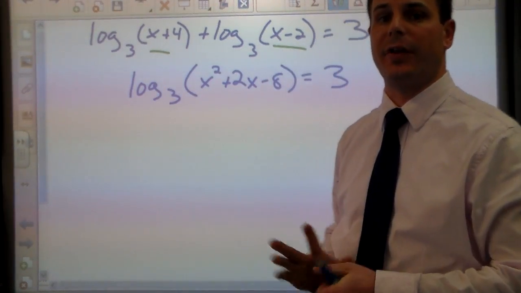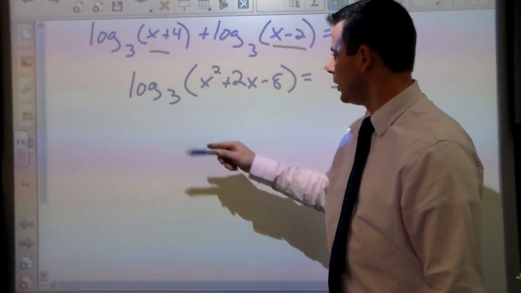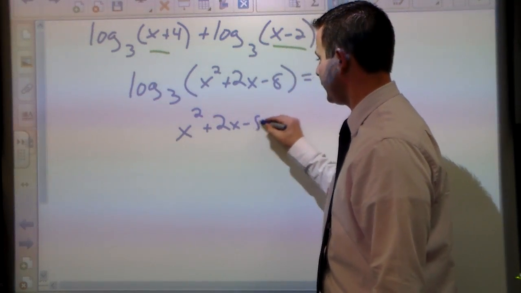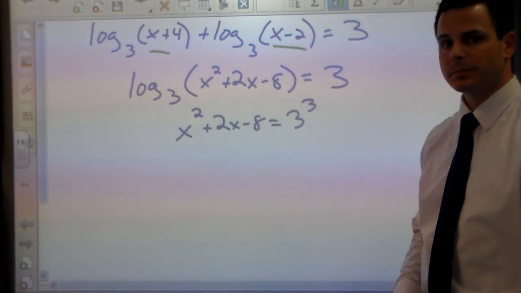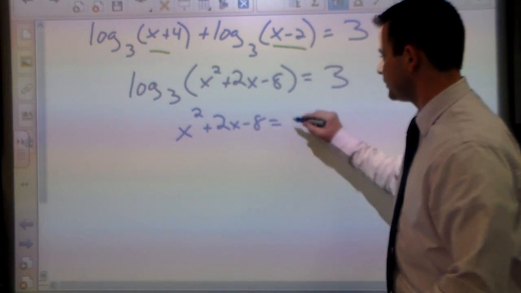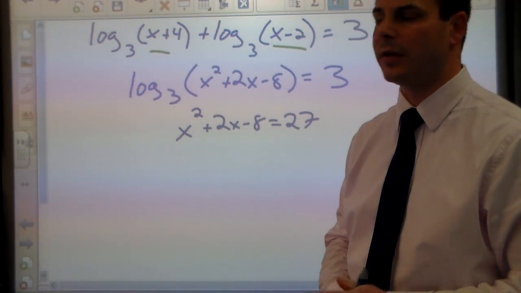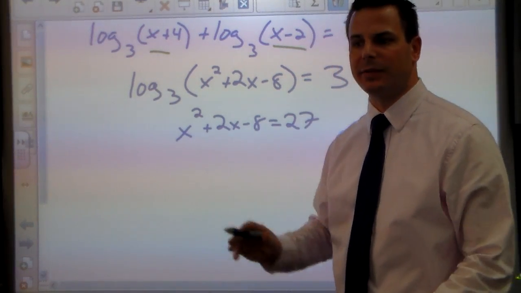Now I can convert this to exponential form, left, right, center. So x squared plus 2x minus 8 equals 3 to the third power. I know that 3 to the third power is 27. Now this is a second degree equation, so let's get this into standard form. After that, I have to see if it is factorable.